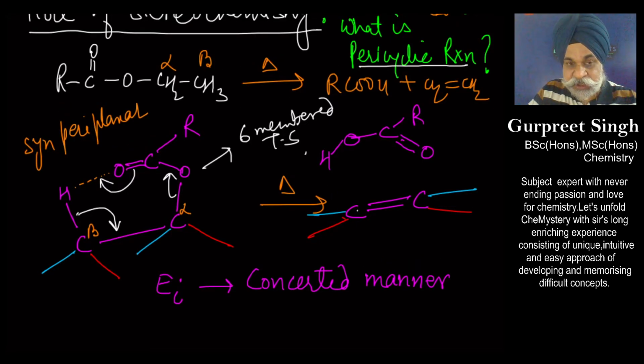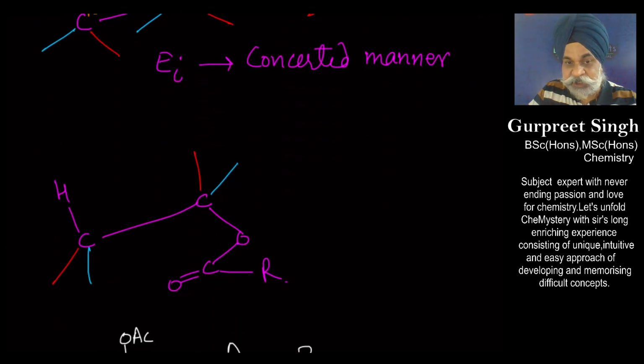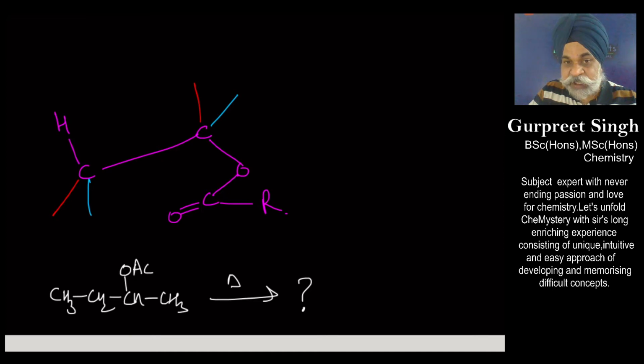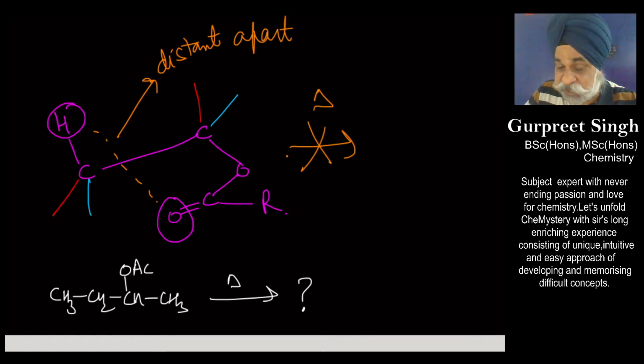Now the question is, why isn't it happening through the anti-periplanar type of geometry? If it had been an anti-periplanar geometry, this hydrogen and this oxygen are distant apart. So there is no possibility of such elimination, even though you heat it.